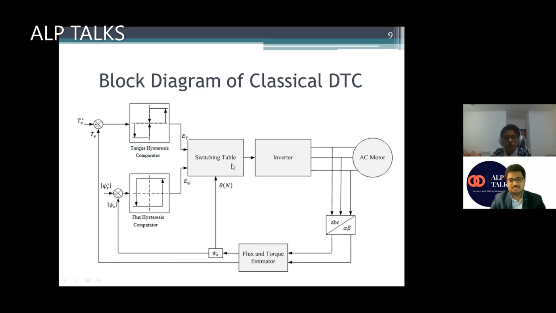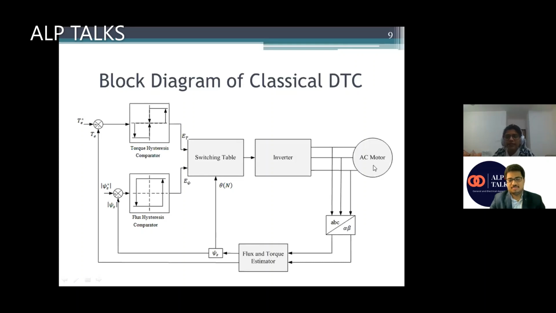The output of the switching table or lookup table goes to the inverter. It is a two-level, three-phase voltage source inverter. The output of the lookup table is injected into the inverter as gate signals. The output of this inverter goes to the AC motor, either an induction motor or a permanent magnet synchronous motor.